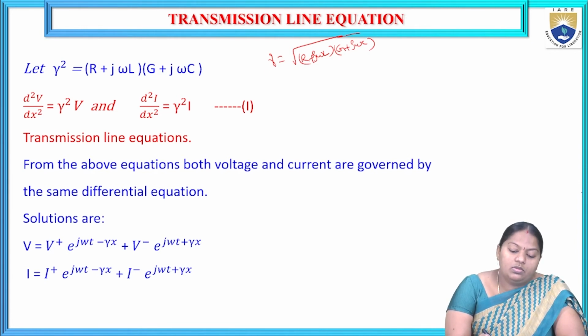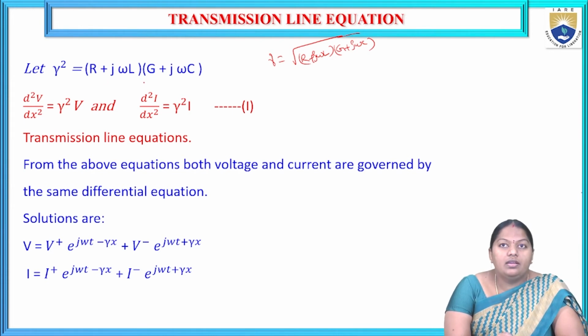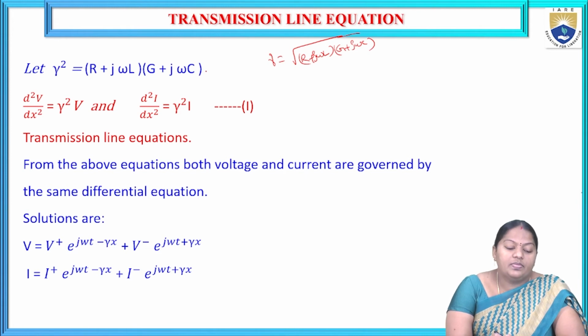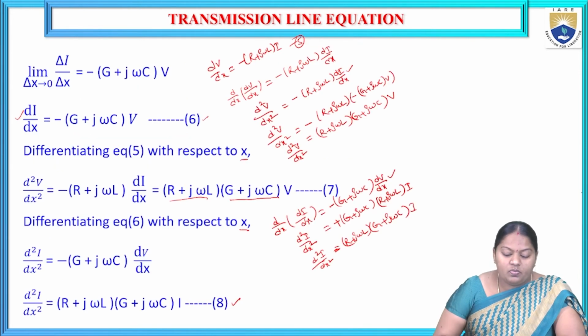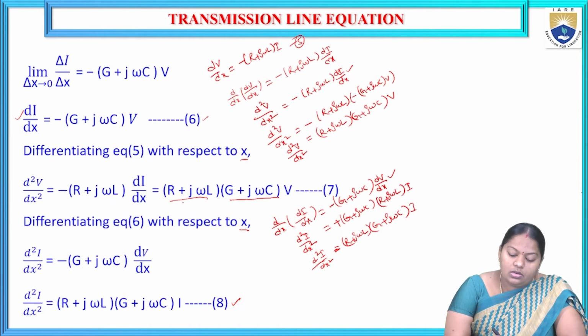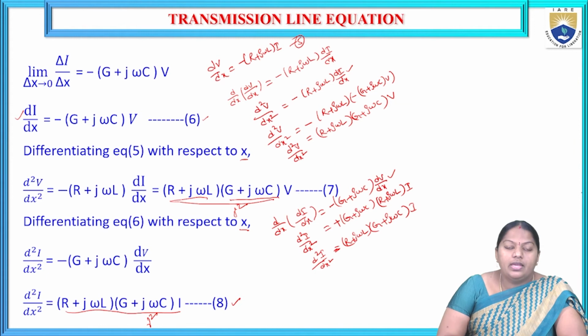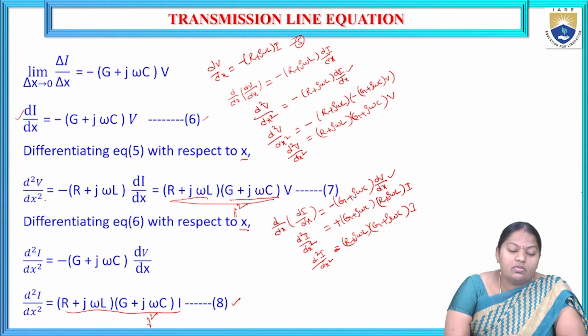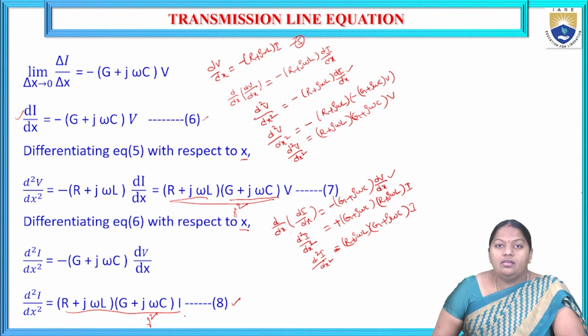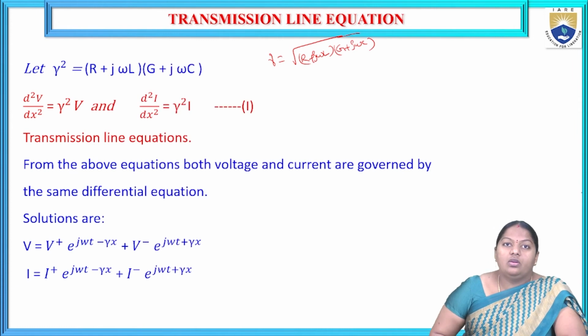If we take the square on both sides, then gamma square becomes r plus j omega L into G plus j omega C. Now if you substitute in the previous equations 7 and 8, the total term by gamma square, here also the total term by gamma square, then from equations 7 and 8 we can write d square v by dx square equal to gamma square into v, and d square I by dx square equal to gamma square into I, called transmission line equations.